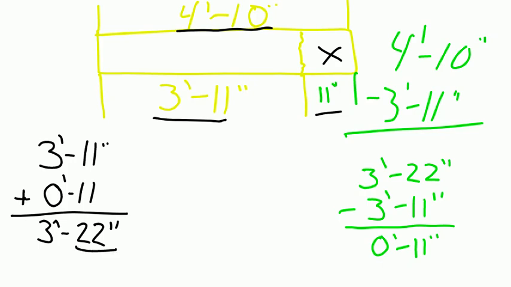We can't leave 22 inches as 22 inches. It needs to be in feet and inches. And when we end up converting it, we get 4 feet 10 inches as our final answer.